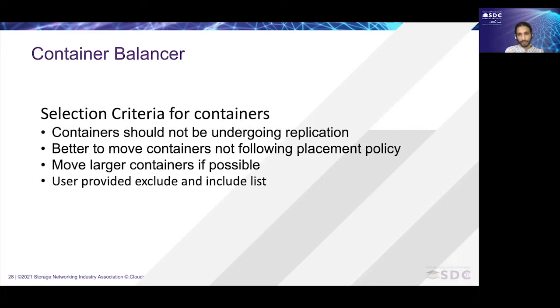And it would help the cluster overall to maintain a placement policy. It is better to move larger containers if possible. So that is also included in the selection criteria. And then user can also provide its own exclude and include list for containers.